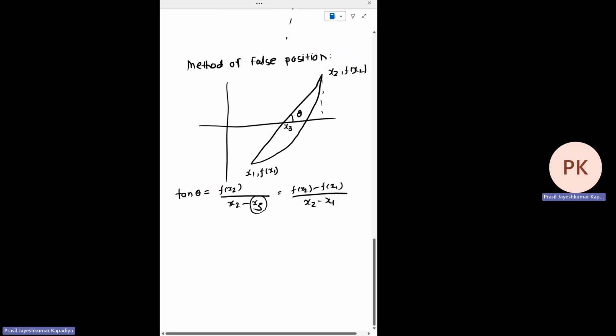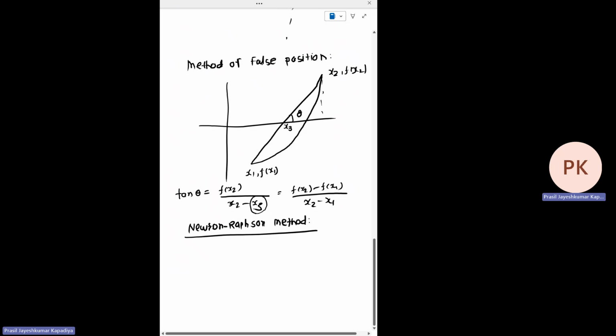There is one more method, the secant method, but we will not discuss it. The most widely used method is called the Newton-Raphson method, which we are going to use today. So what is in the Newton-Raphson method?